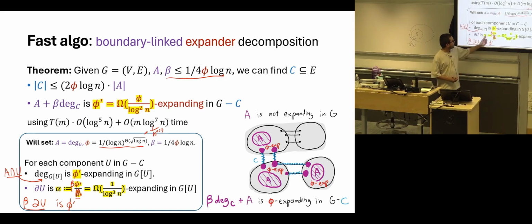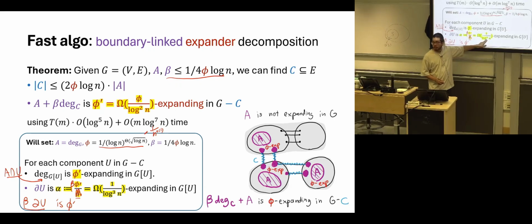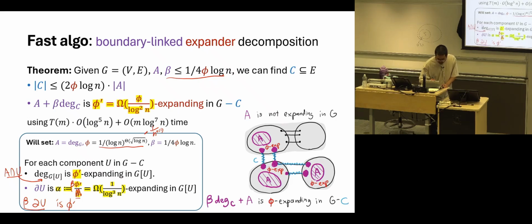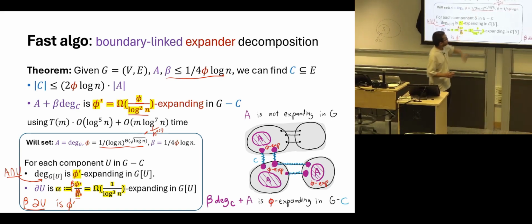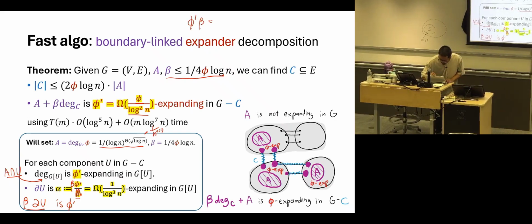Okay. And what's beta phi prime? This looks like 1 over log cube, right? Because phi prime is like phi over log square, and beta is like 1 over phi times 1 over log. So this is like log cube.